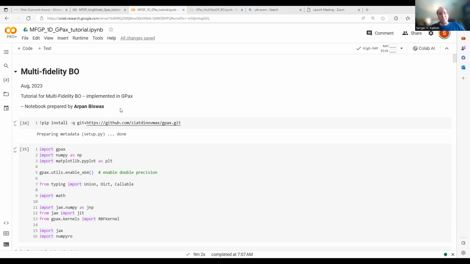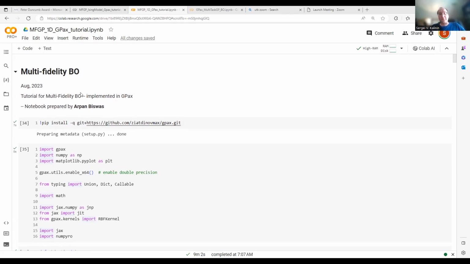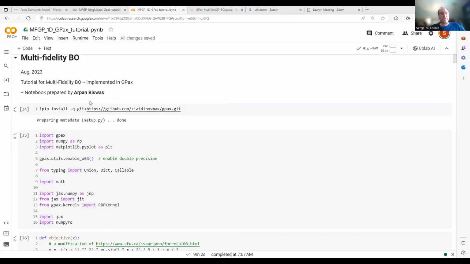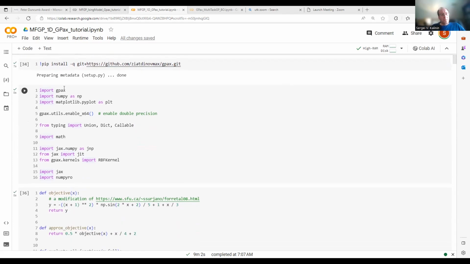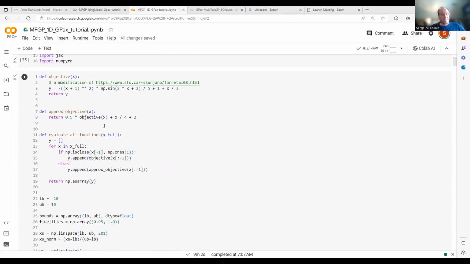Also, for the time being, I'm not aware of BoTorch being used to incorporate a probabilistic model, meaning that you can have multi-fidelity Bayesian optimization, but not the structured one. Then we install everything, including GPax, JAX and NumPyro, and then we define our objective functions.